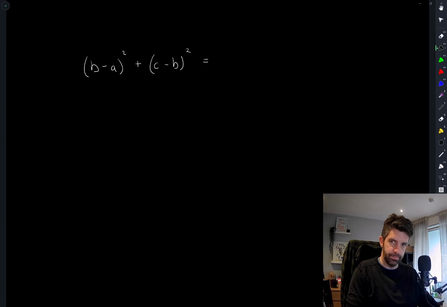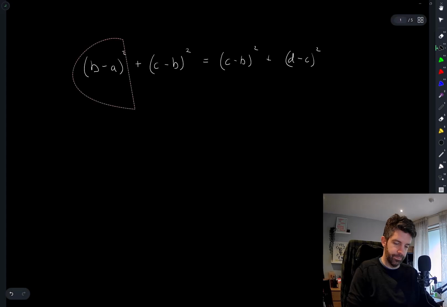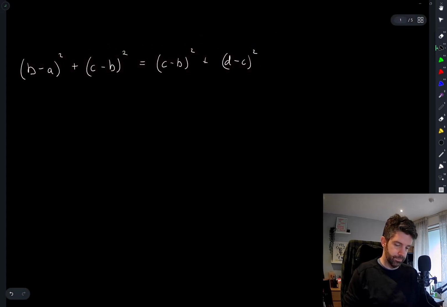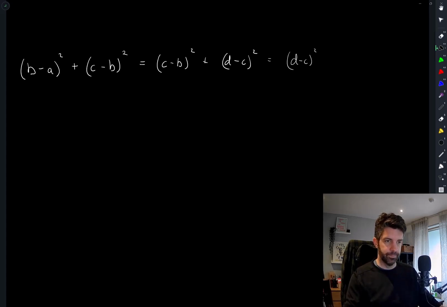This has to equal (C minus B) squared plus (D minus C) squared, which has to equal (D minus C) squared plus (A minus D) squared, which has to equal (A minus D) squared plus (A minus B) squared.